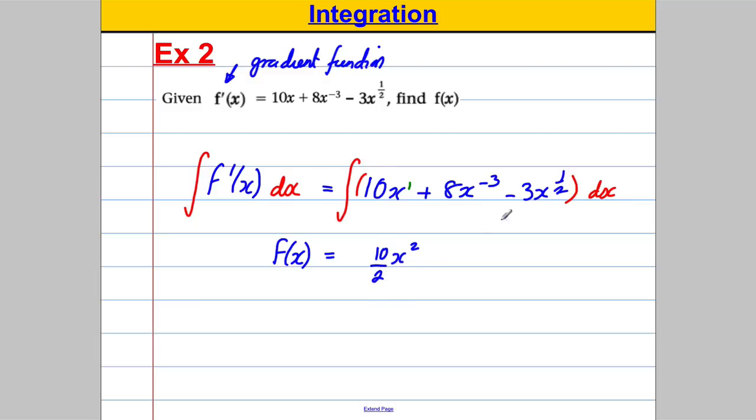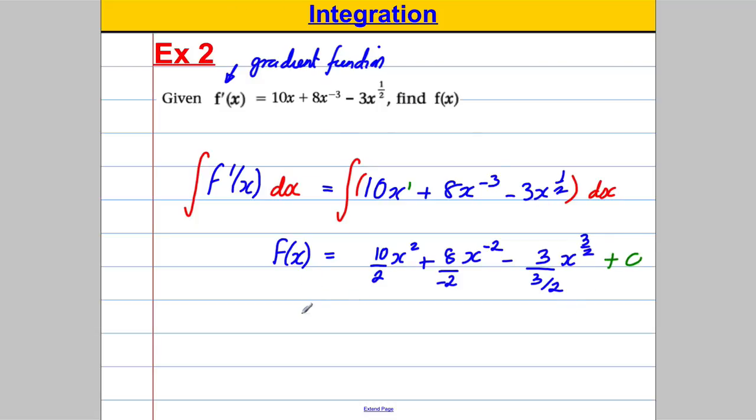So I'm going to say that's x squared, and I'm going to have a 10 divided by the new power, which is 2. I'm going to add 1 to this power and get x to the negative 2, and do 8 divided by the new power, which is 8 divided by negative 2, plus. Keep that plus in. Keep that negative in there, like here. I'm going to add 1 to this power, x to the 3 over 2, and I'm going to divide 3 by 3 over 2. Don't forget my constant of integration plus c.